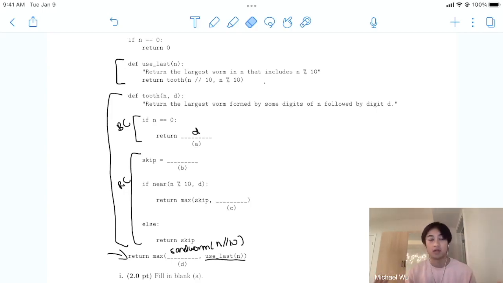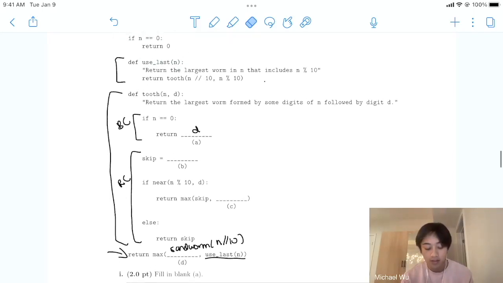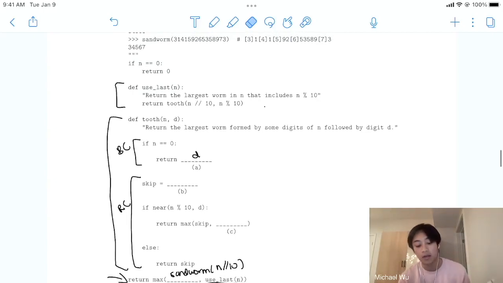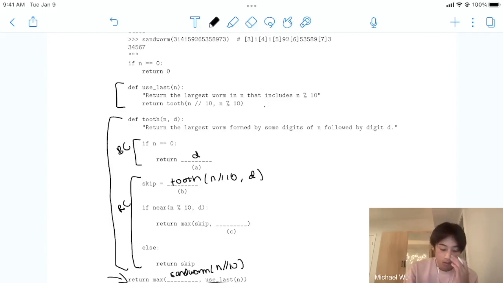It's the same pattern as we did before with using the last digit or not using the last digit with our sandworm example. So how are we going to return the largest worm formed by the digits of n followed by digit d, where we skip the last digit of n? Well, this is just a recursive call to tooth that passes in n floor div 10 and d. So that's our biggest worm without using the last digit of n.